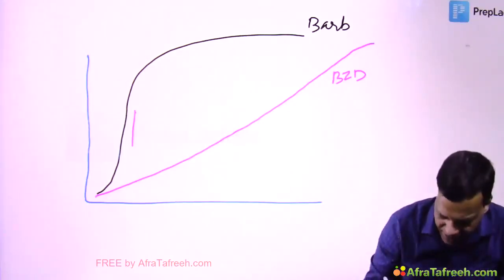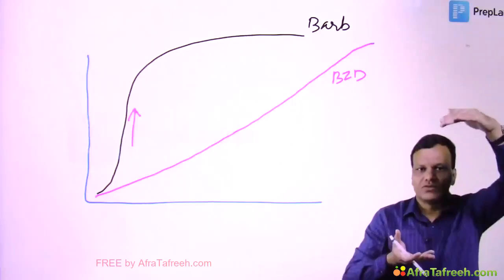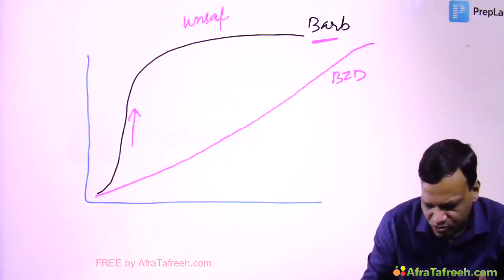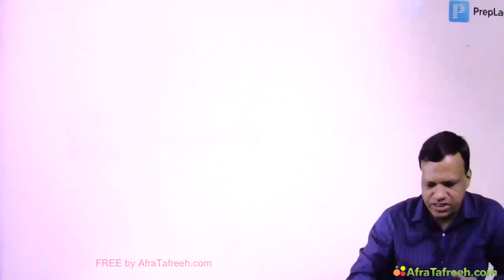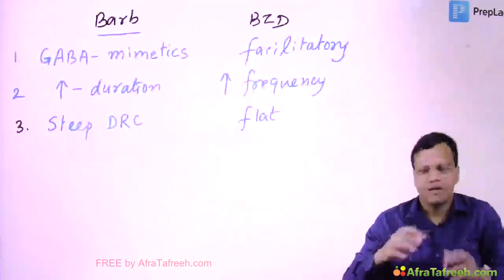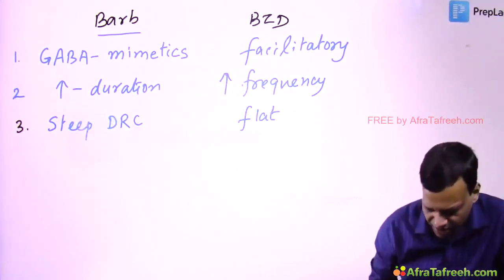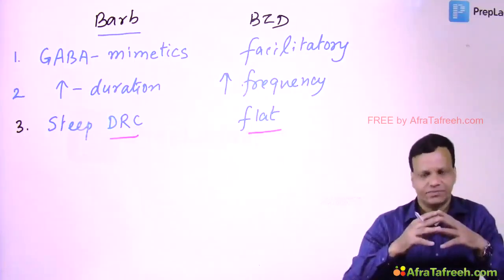Barbiturates have a steep DRC, that means with a slight increase in dose, the response increases so much. So barbiturates are relatively unsafe drugs, whereas benzodiazepines are much safer. So commonly for sedative hypnotic function, we prefer benzodiazepines, not barbiturates. Okay, so barbiturates are unsafe, benzodiazepines are relatively safer drugs.